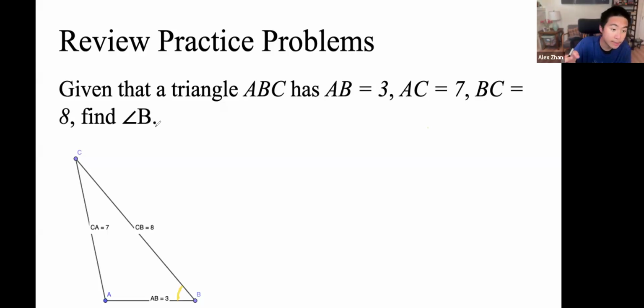Even if you don't have the answer, if you have an idea, for instance, you know what formula to use, send it to me. Yes, law of cosines. That's correct.